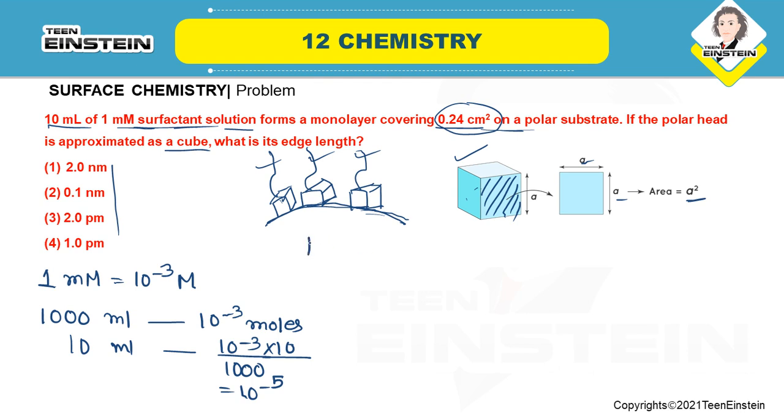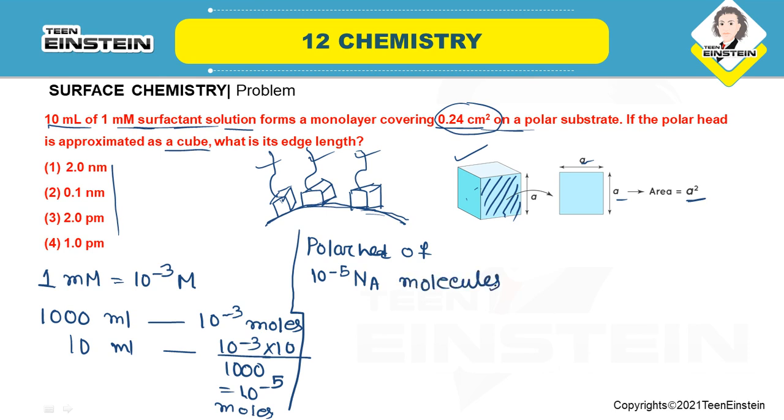This 10 to the power minus 5 is actually the number of moles, but the corresponding number of molecules will be 10 to the power minus 5 into Avogadro number. So the polar heads of 10 to the power minus 5 N_A molecules cover an area of 0.24 centimeter square.